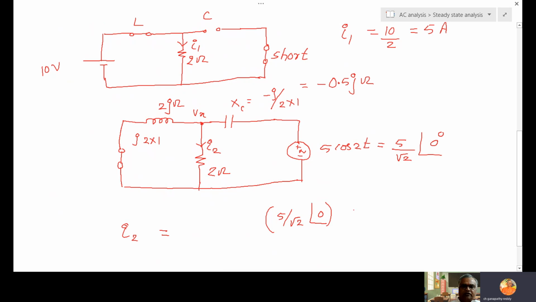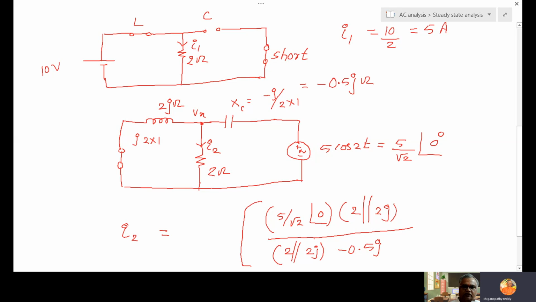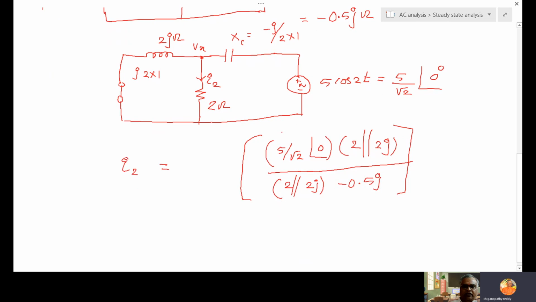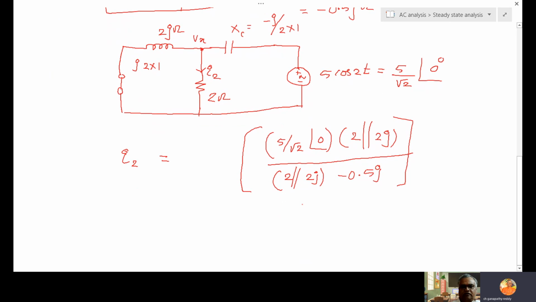This voltage is dividing, so here 2 parallel with 2J, divided by 2 parallel with 2J minus 0.5J. This is the voltage Vx. But we want current I2, so Vx by resistance of 2.